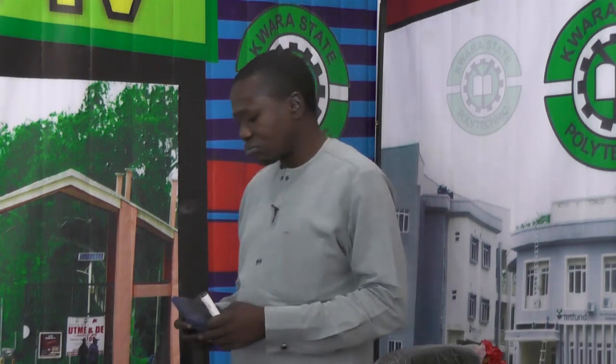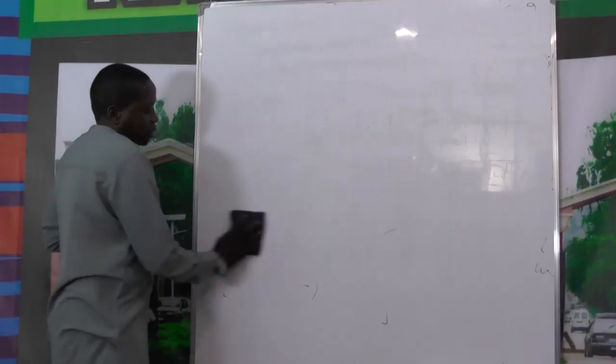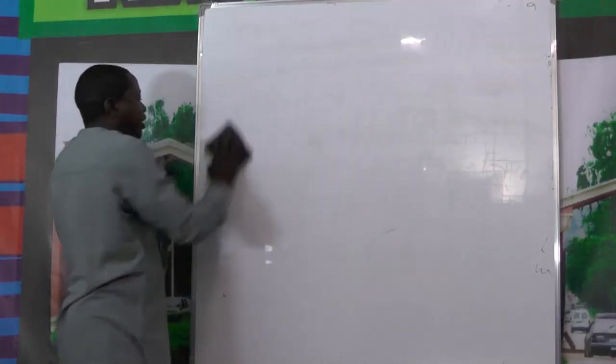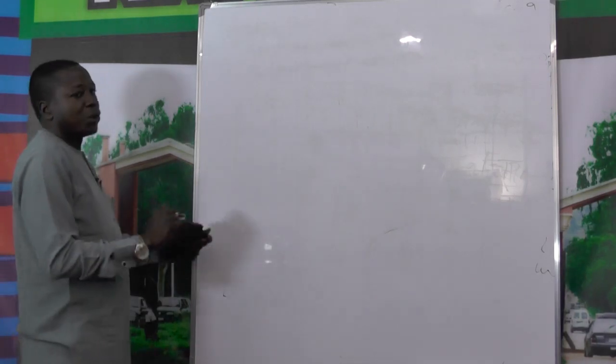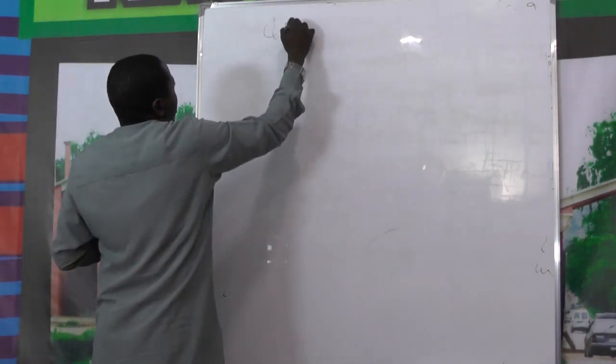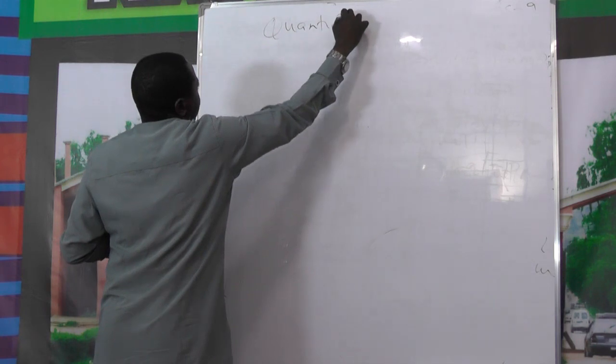It makes use of words like all, every. So that is what we mean by universal quantifier. It has a symbol. This is the symbol. So we have the universal quantifier and we have the existential quantifier.